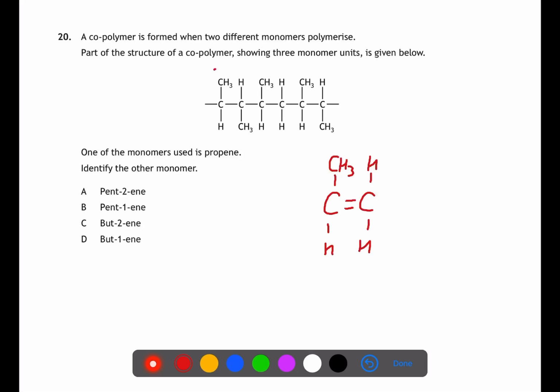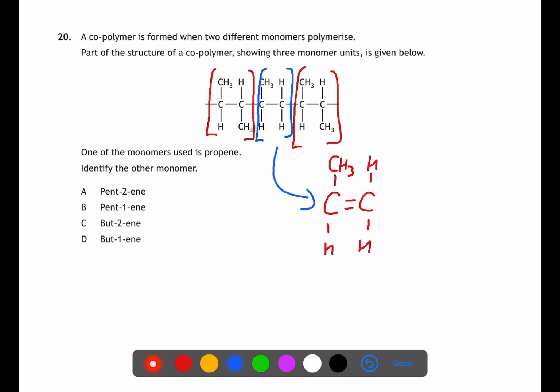If we start at the beginning here and put brackets around the first part, the first monomer will be the first 2 carbons. We can put a bracket around that. We then have our second monomer, and then the third. We can see here that the monomer that's been highlighted in blue has the same arrangement as propene.